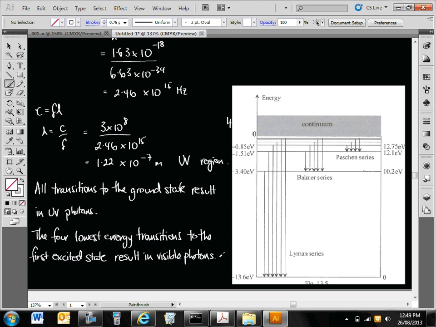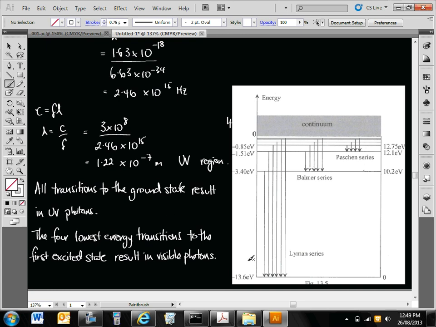So the 4 smallest jumps, this one, and this one, result in visible photons. This guy here, UV. Okay, we can't see that one, that transition there.